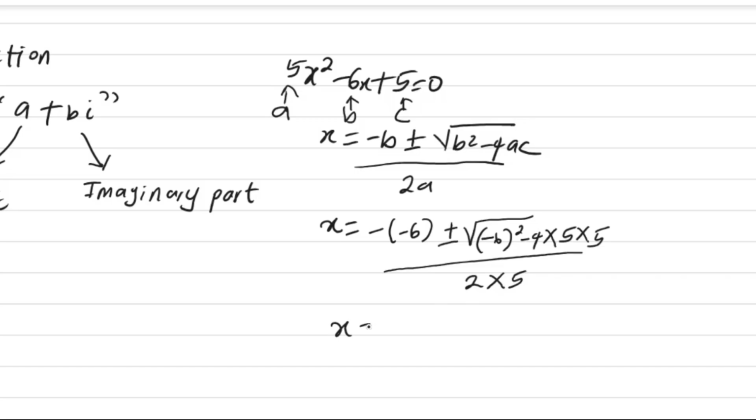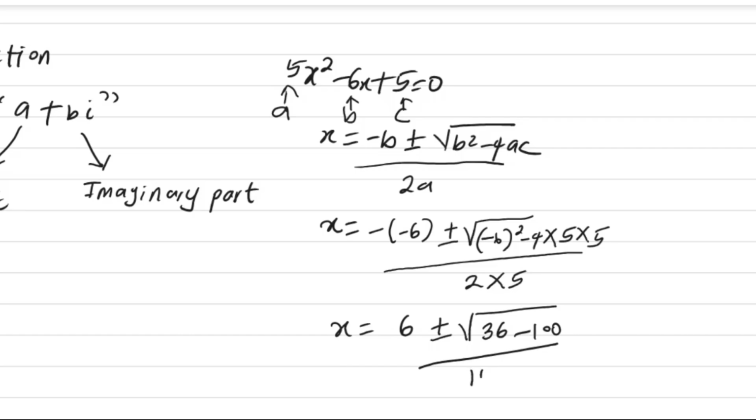So here our x is going to give us minus times minus 6 is plus 6, plus or minus square root of 36, minus 6 times minus 6 will give us 36. So minus 4 times 5, that is minus 20. Minus 20 times 5, that'll give us minus 100.